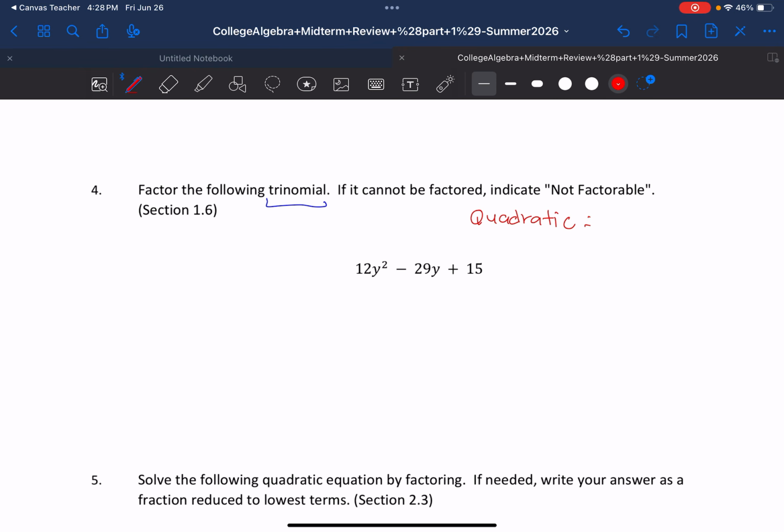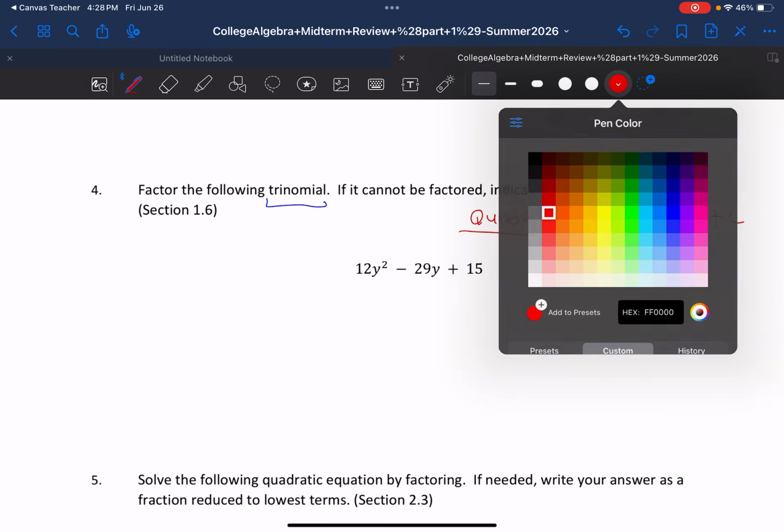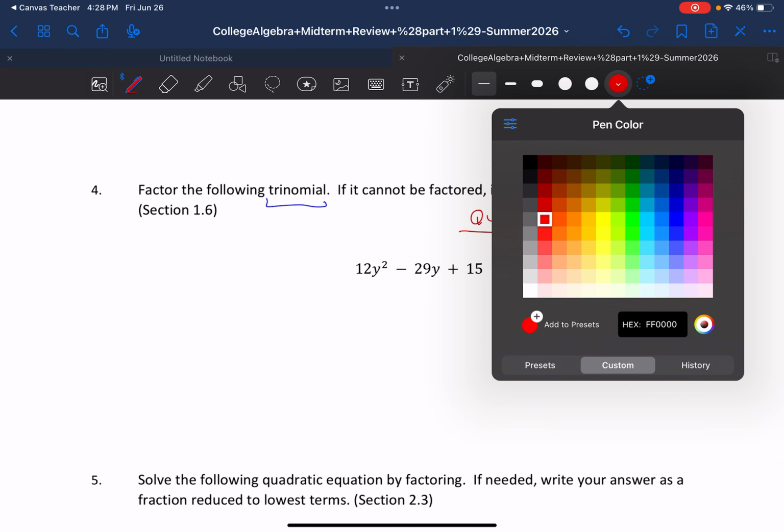The general form of a quadratic is ax squared plus bx plus c. Of course, x can be any unknown variable. In this case, it's y. So to factor a quadratic in this form, the first step is this is called the AC method sometimes.